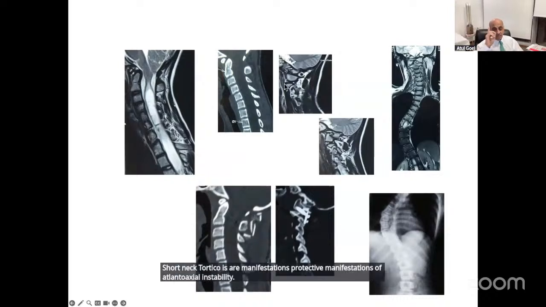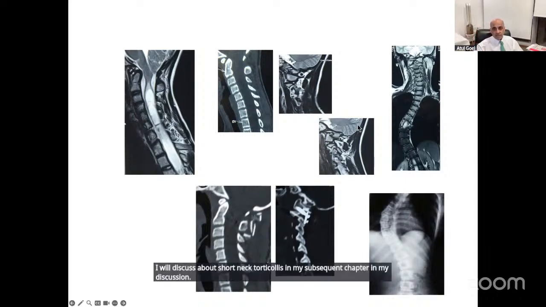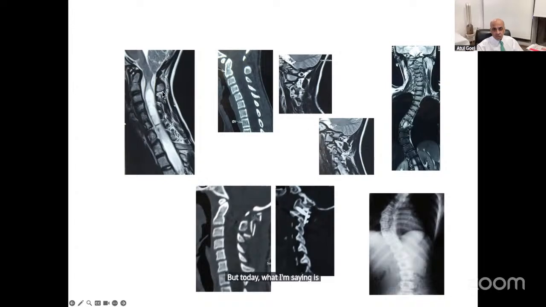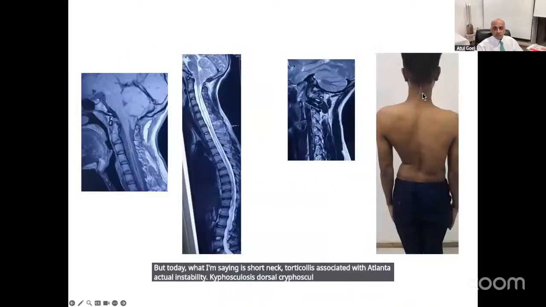I will discuss short neck torticollis in my subsequent chapter, in my discussion. But today what I am saying is short neck torticollis are associated with atlantoaxial instability. Kyphoscoliosis, dorsal kyphoscoliosis is also frequently associated with syringomyelia.